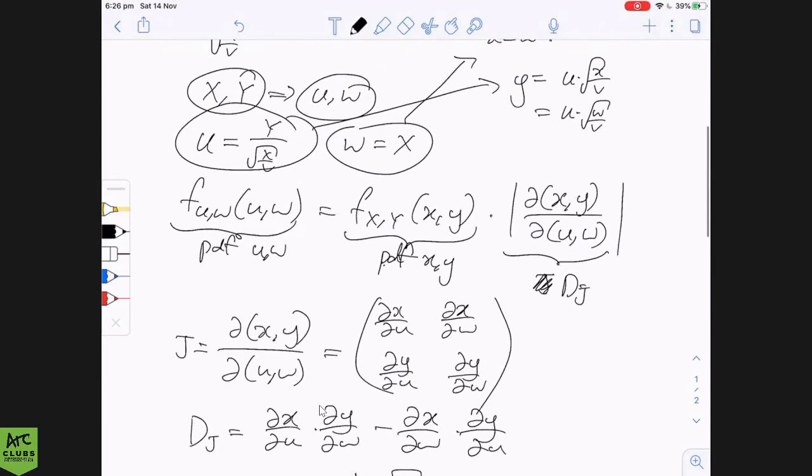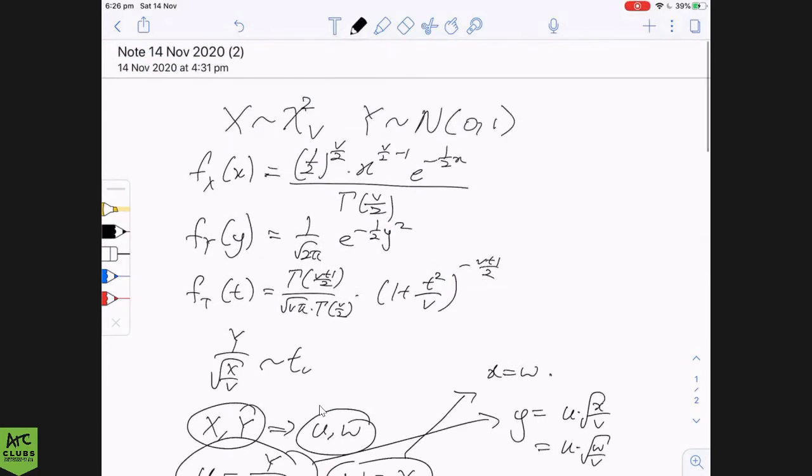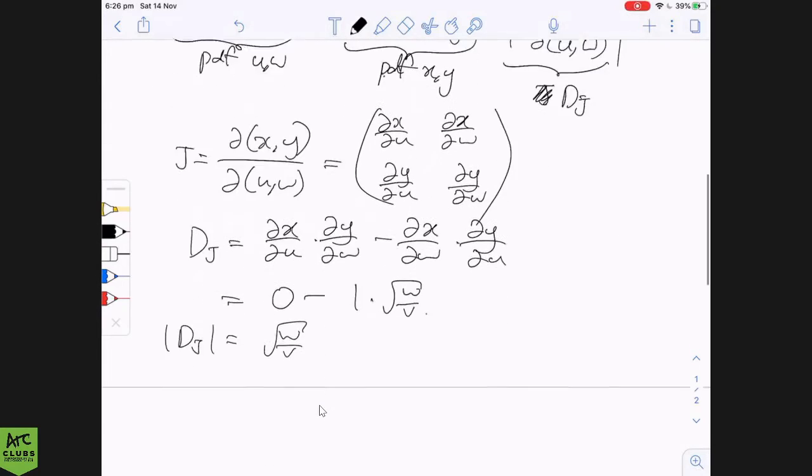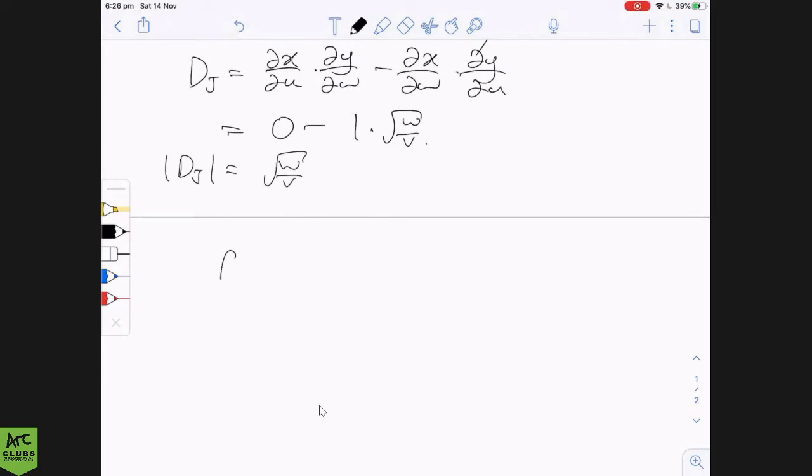Then we're going to look at the joint density of X and Y, which is the product of the two marginals because they are independent. So f of X, Y is just f of X times f of Y, and then chucking your chi-square distribution here.